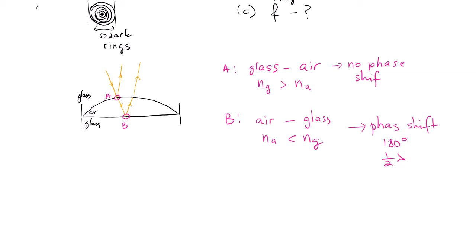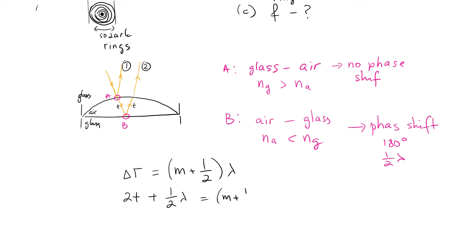Okay, now we can write the condition for destructive interference. We know the condition for destructive interference is the path length difference should equal (m plus 1/2) lambda, and we know that the second reflected ray, compared to the first reflected ray, has gone through an extra path of two thicknesses, so 2t, plus let's consider the phase shift of 1/2 lambda, that equals (m plus 1/2) lambda.